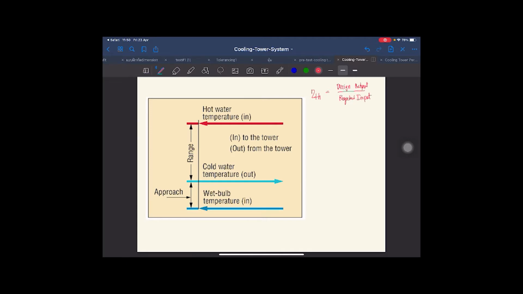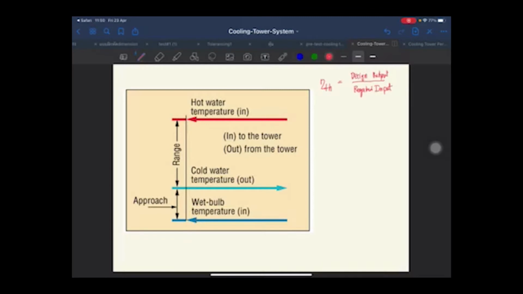Let's see the designed output of the cooling tower: because the main function of the cooling tower is to cool the hot water, the desired output is to remove the heat from the water.